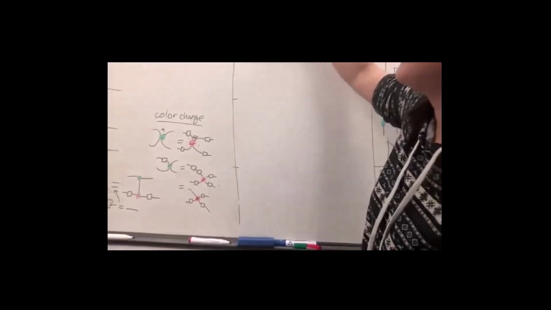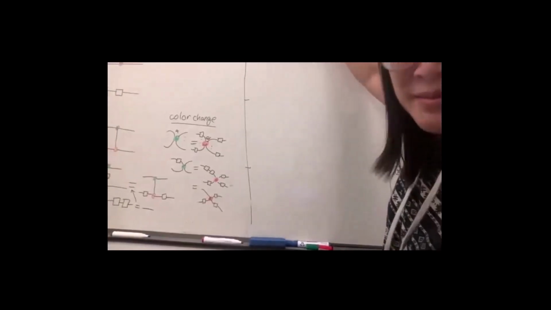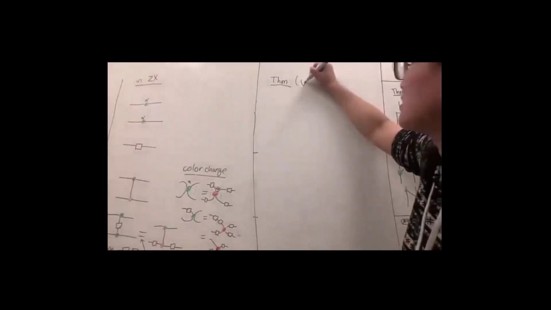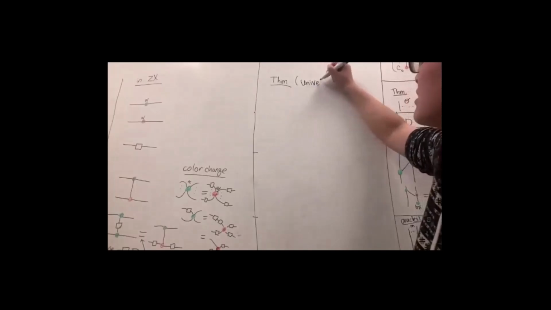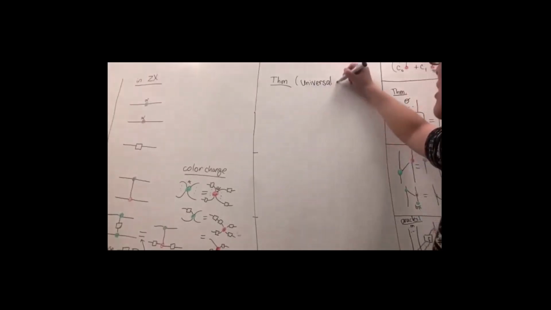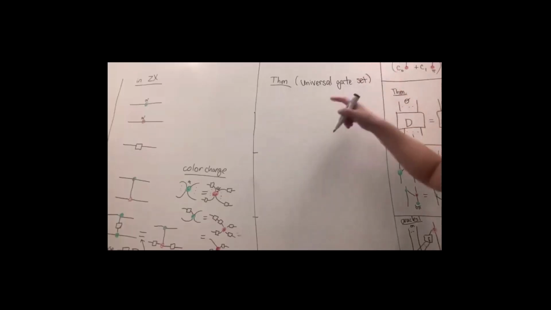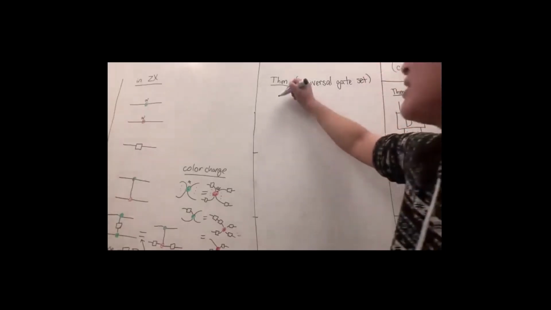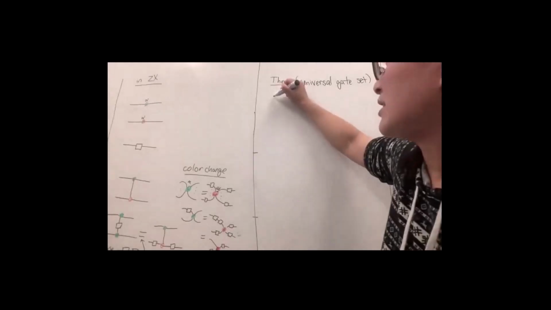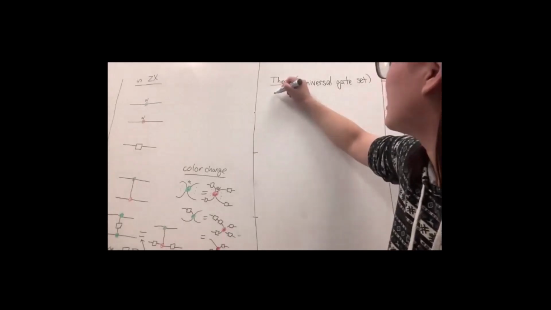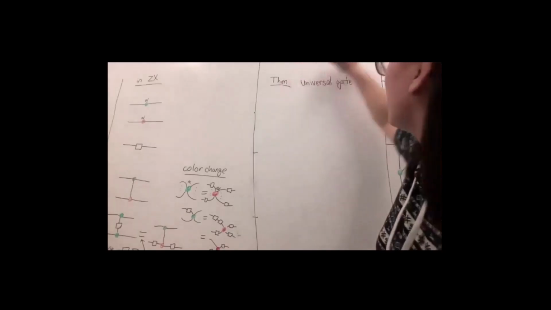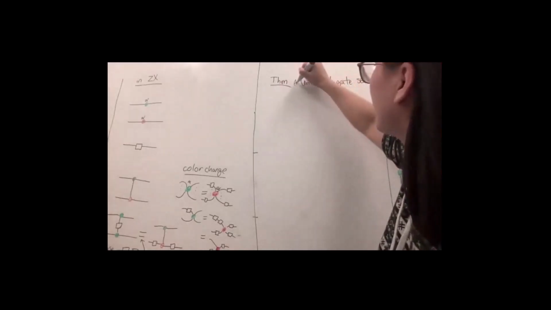Then we can have a theorem. So a universal gate set is, I'll just put it here.